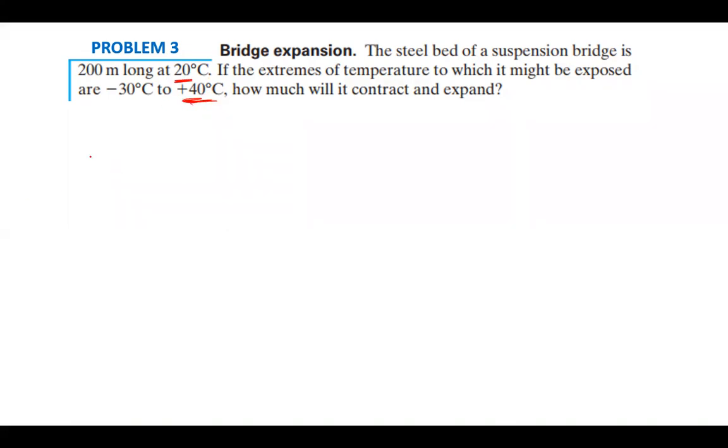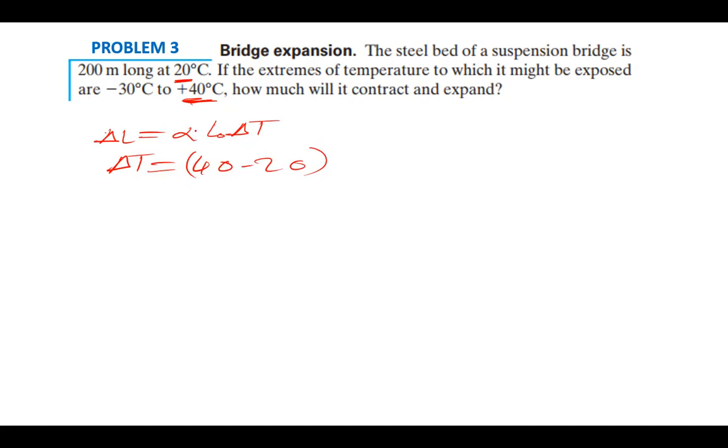Our formula is the change in L, delta L, equals alpha L naught times the change in temperature. We find the change in temperature by saying 40 minus 20. That's the change in temperature.